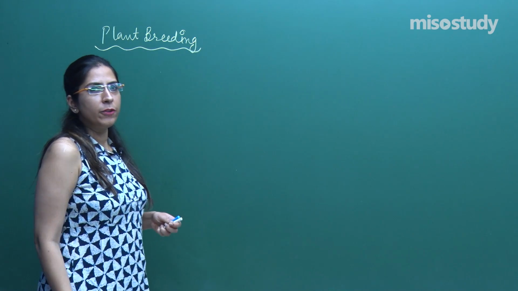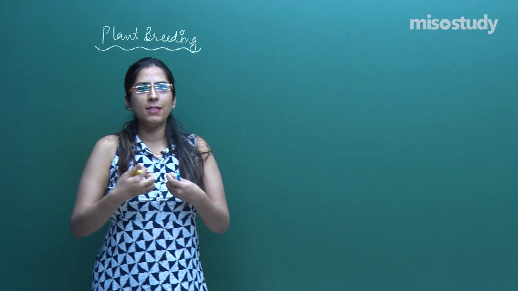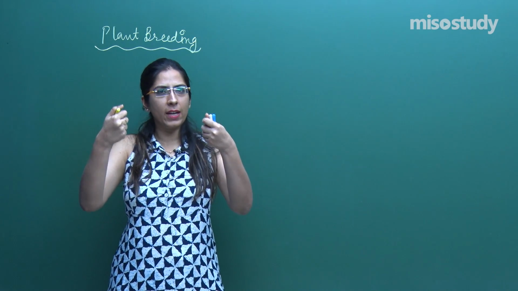Plant breeding means we are mating two varieties of plant.